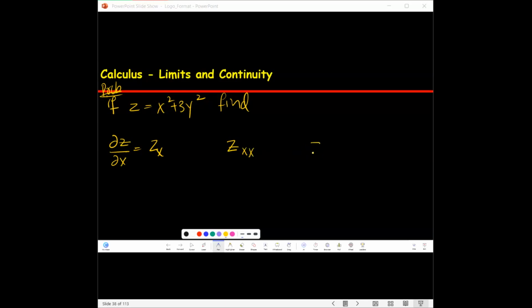You also need to find zxy. We also need to find zy. We also need to find zyy. We also need to find zyx.